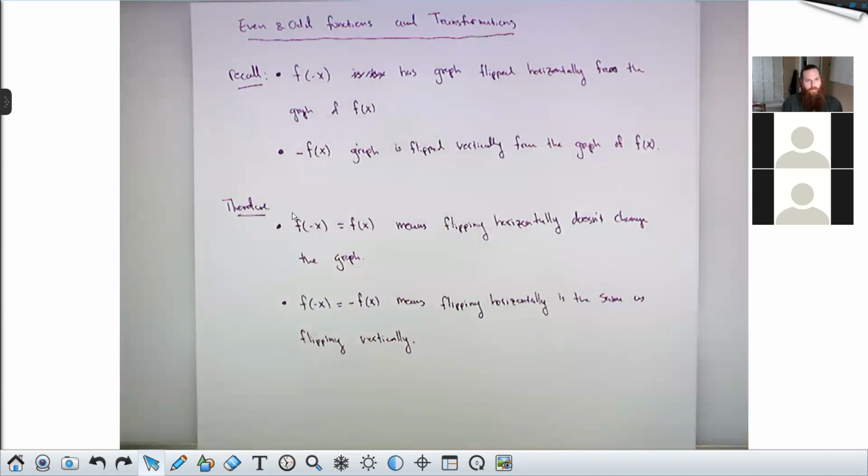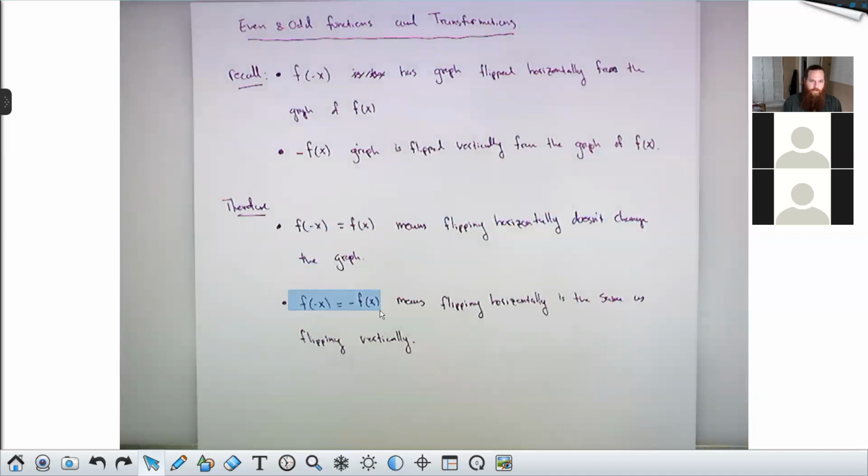All right? So f of negative x is what you get by reflecting the graph of f of x over the y-axis, by reflecting horizontally. If I say that that is equal to the original, that means when you flip over horizontally, you get the original back. So flipping horizontally doesn't change the graph. So for even functions, flipping horizontally doesn't change the graph. This is a symmetry.